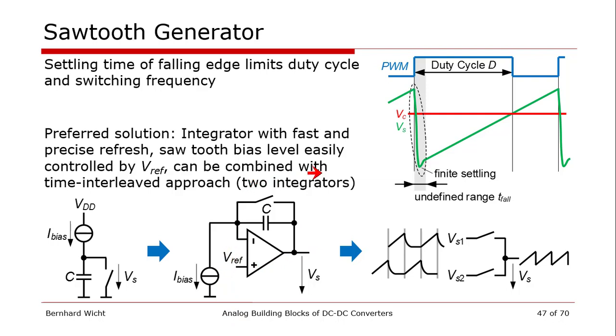Of course, there is some finite settling time if we reset the ramp generator all the time at the beginning of the phase. So in particular for fast switching converters, we eat up some of our duty cycle resolution. One way to address it is a time interleaved approach using 2 of these ramp generators.